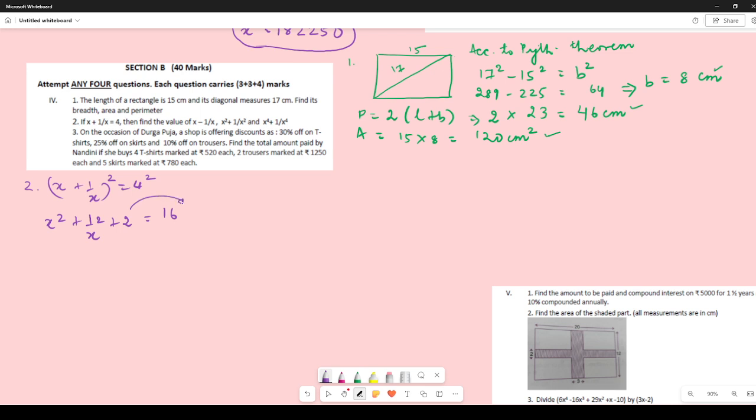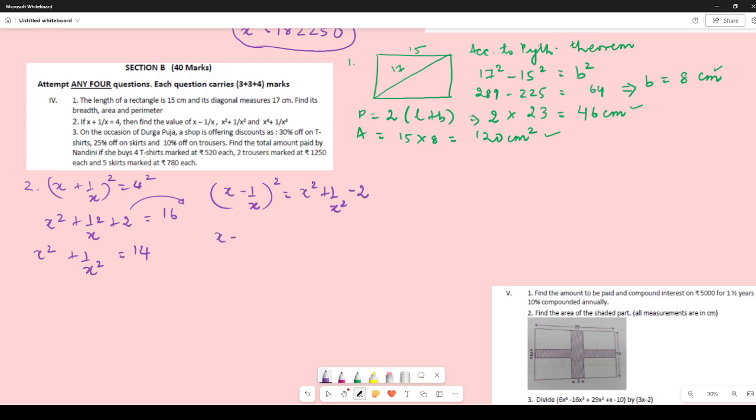You move this 2 to this side and you get x square plus 1 by x square is equal to 14. Now that is the value of x square plus 1 by x square. Now let us try to find out x minus 1 by x. So when you square this, you also get x square plus 1 by x square minus 2.